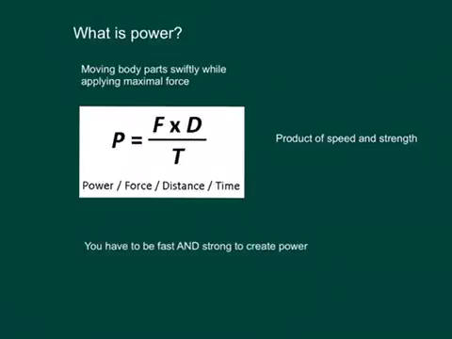So if we look at the formula, you can see that it's a product of speed and strength. Therefore, you have to be fast and strong to create power. We can decrease the time, or increase the amount of force and distance to create more power.